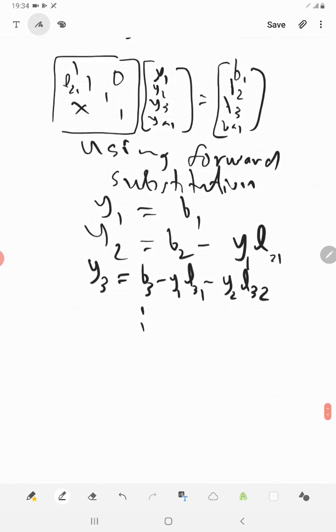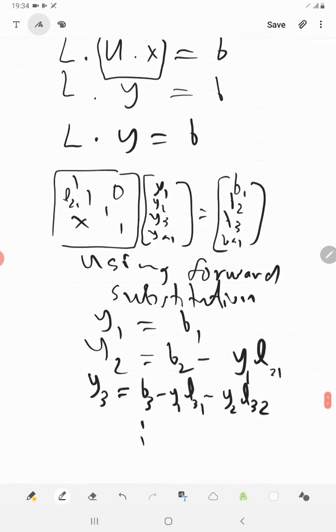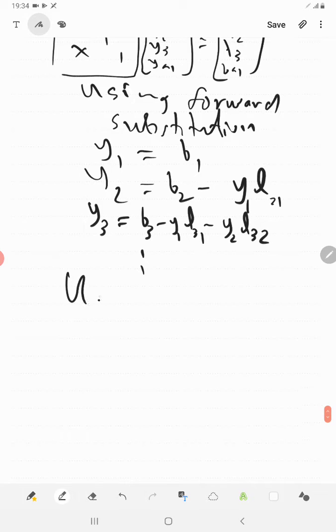Now Ly is equal to b, and now Ux is equal to y. Now we know y, but we don't know x. We want to determine x.